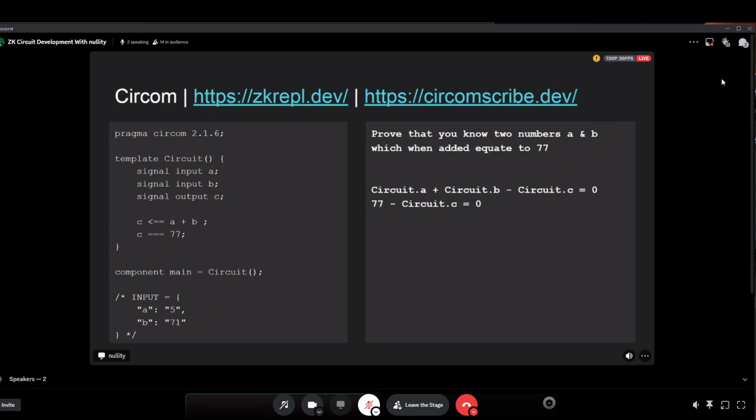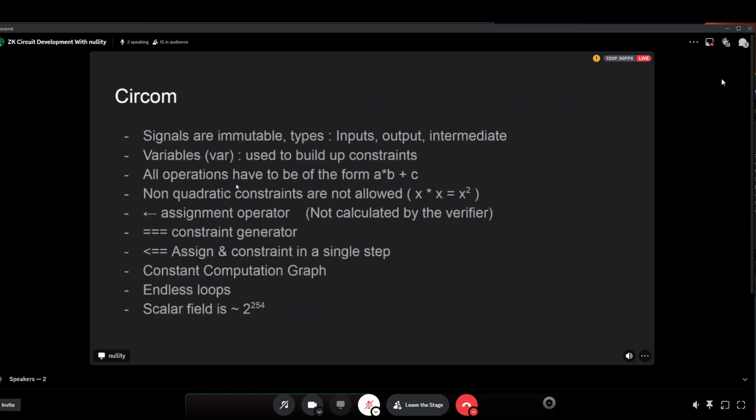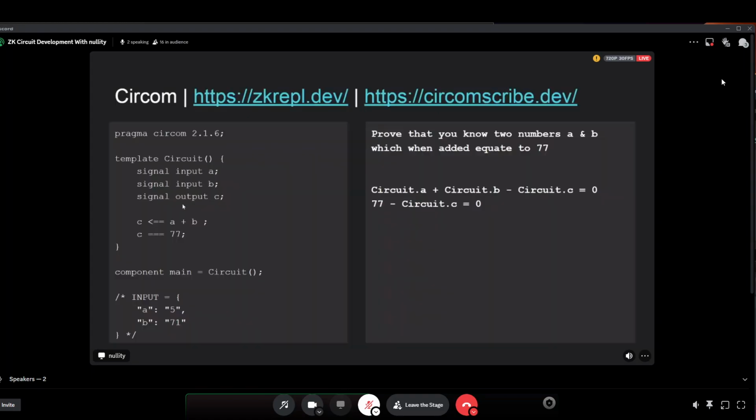Circom takes input values and generates output signals. So just like variables, but not exactly variables, it takes in signals. So you could give A, B, C, anything as input, and you could generate outputs as well. So this circuit over here, which you see on the left, is a very simple circuit.